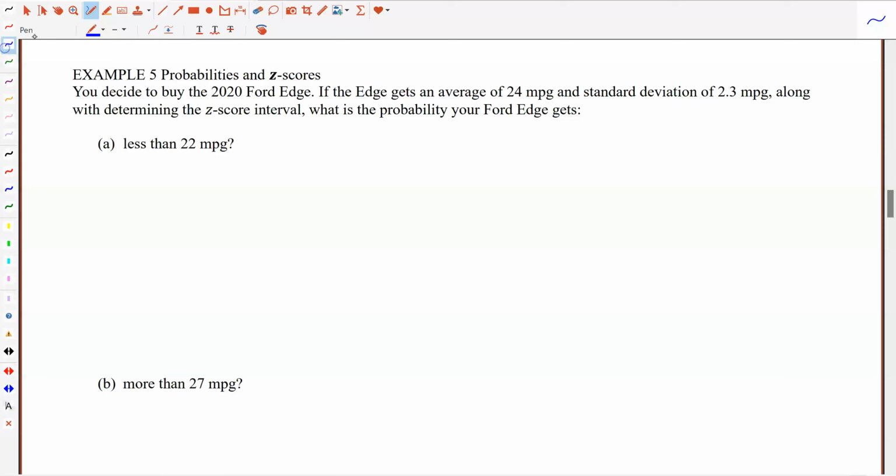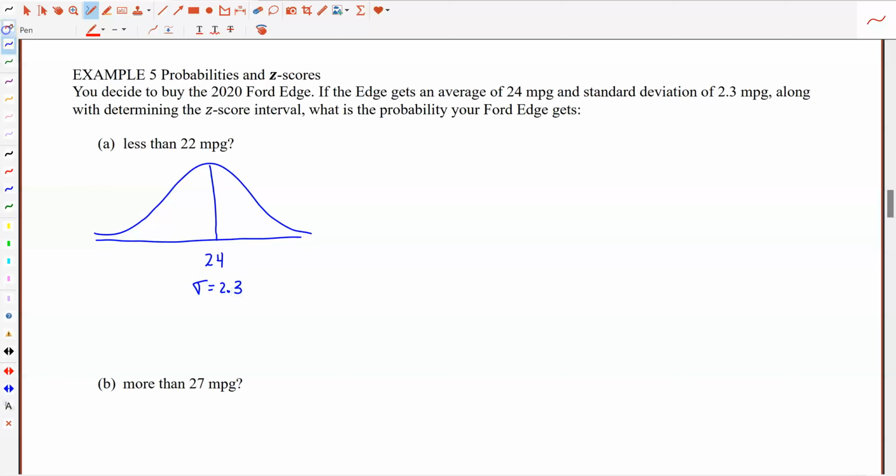All right, so I always like to start these problems by making a sketch. Assuming that this distribution is normally distributed, if I sketch a normal curve, the data set that I'm given has a mean of 24, so I'm going to put that right in the center of my curve, and it has a standard deviation of 2.3 miles per gallon.